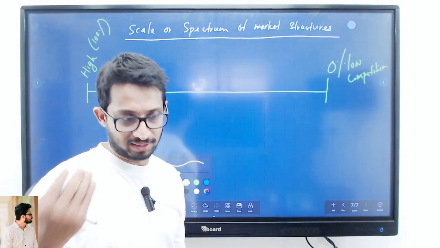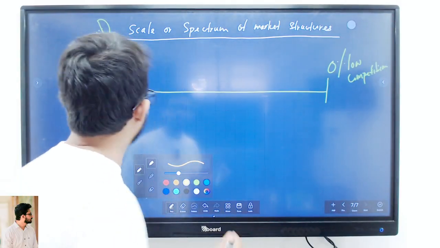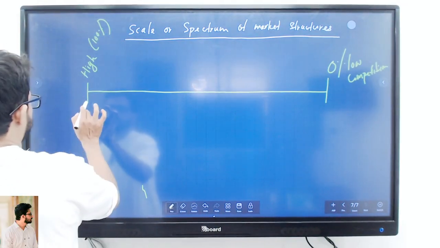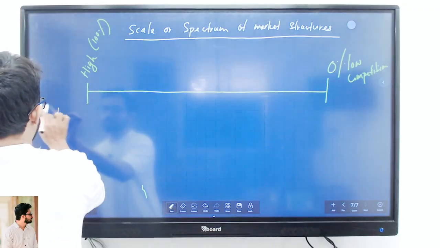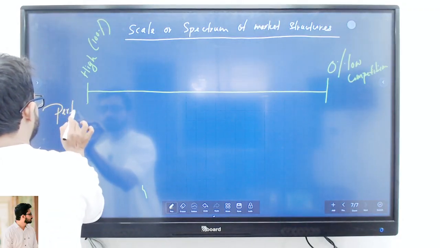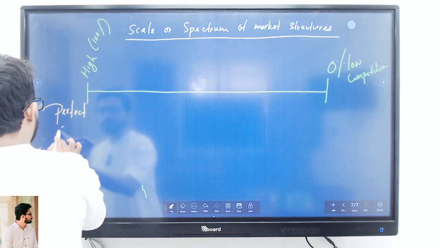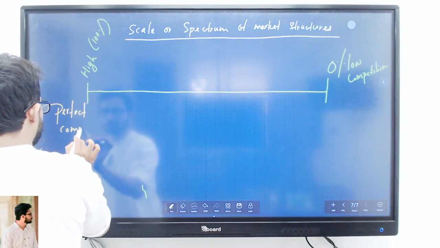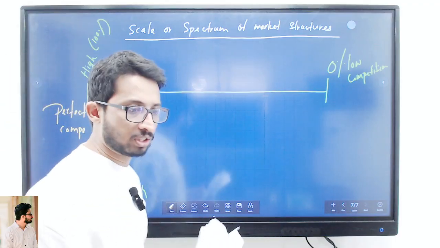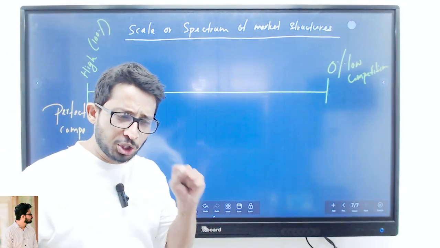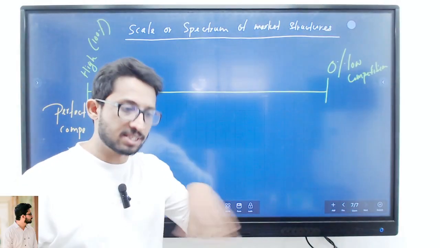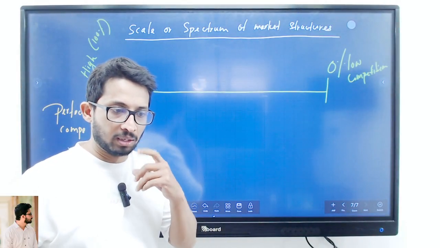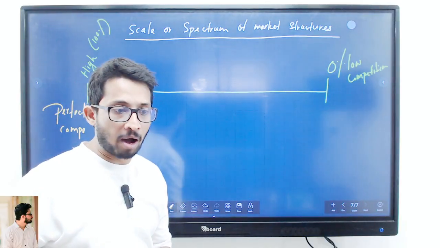I'll explain the characteristics. Perfect competition goes to this point. Perfect competition is the market structure where there's huge market competition between sellers. No one has significant market power.